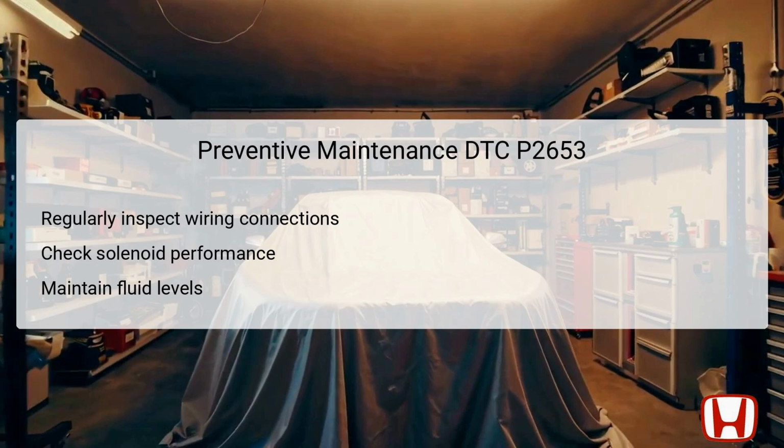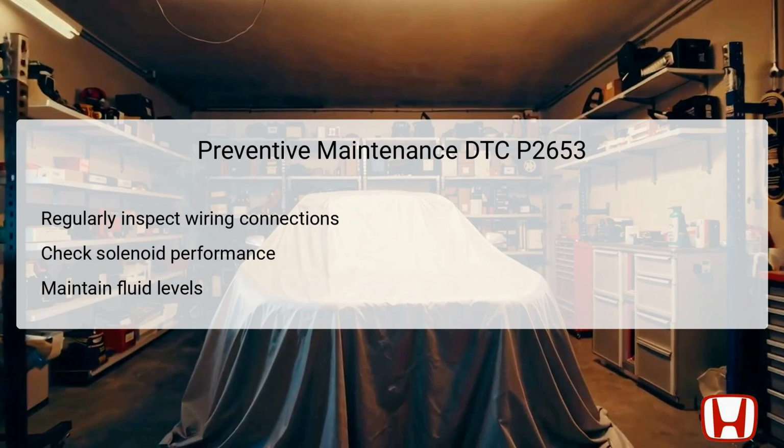Implementing preventive maintenance measures can significantly reduce the likelihood of encountering DTC P2653 in the future. Regular inspection of wiring connections is vital to ensure that they remain free of corrosion and damage, which can lead to electrical failures.